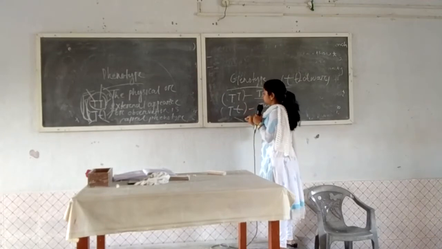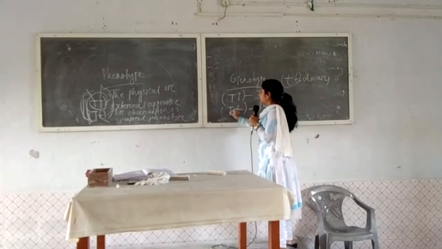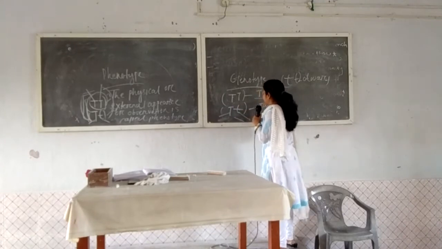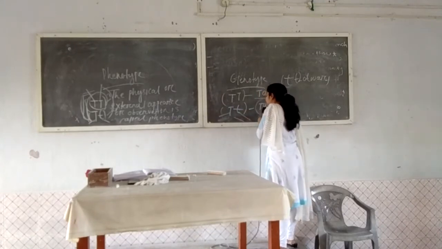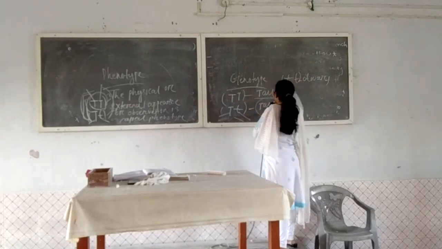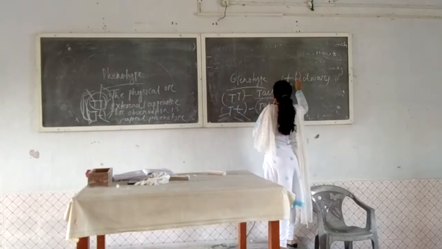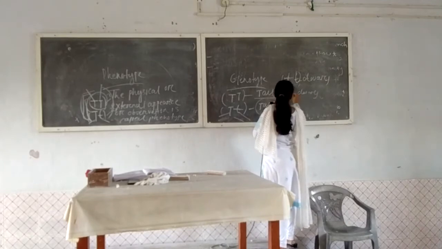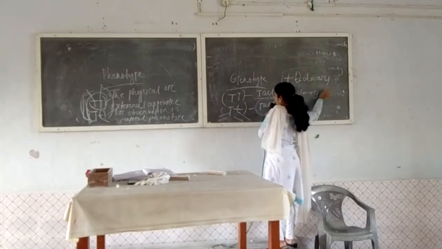If the genes are heterozygous, where one tall gene and another dwarf gene are present, then the plant is tall, phenotypically the same, but genotypically they are different. Here both genes are for dwarf, small t, and the plant is phenotypically dwarf.